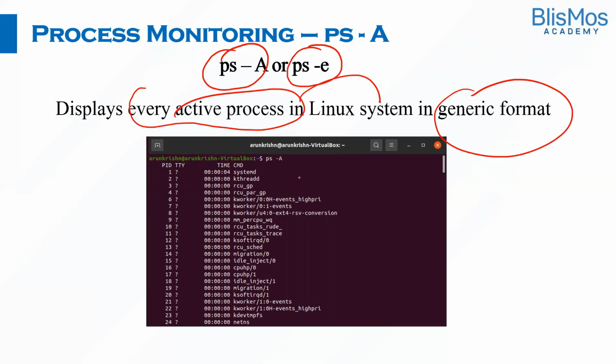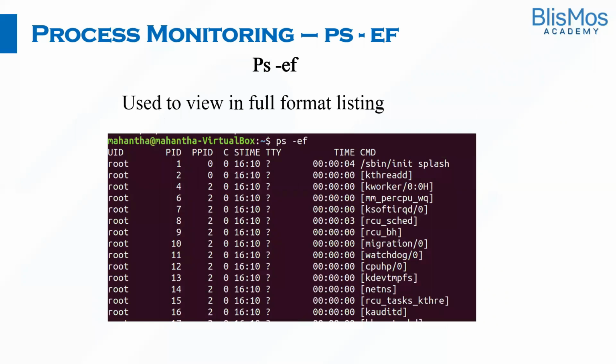As I said, it displays all the active processes in the Linux system in a generic format. But you are not really liking the generic format. In that case, we can use PS -ef, which means it does the full format listing. You can see it, right? It is nicely formatted with a bit more details.